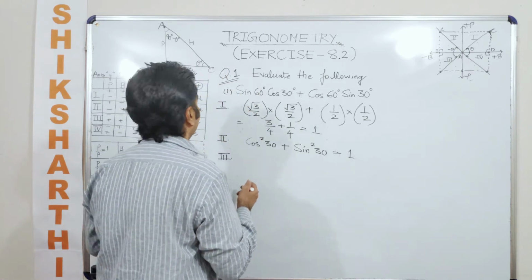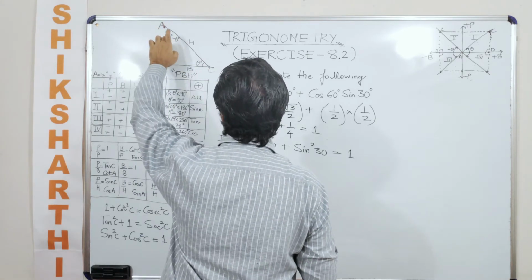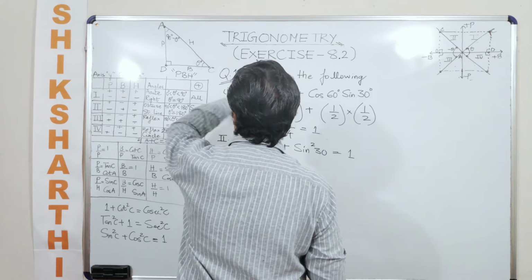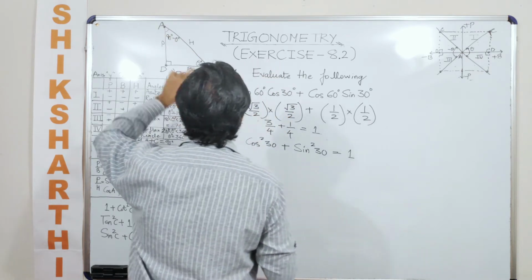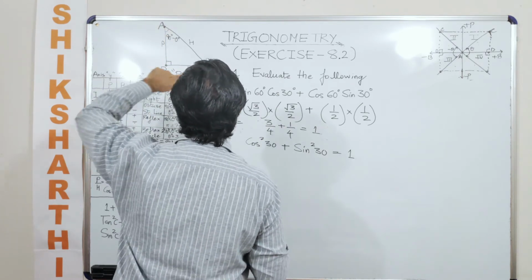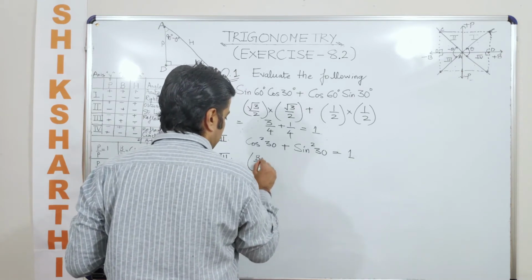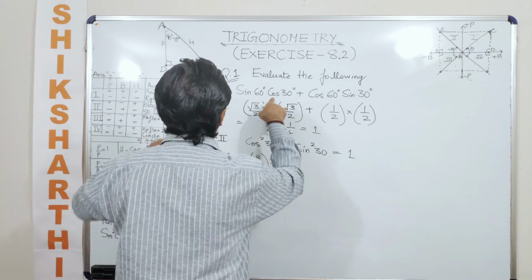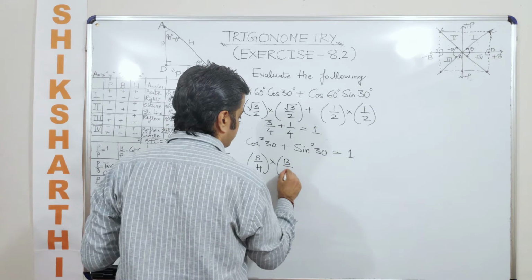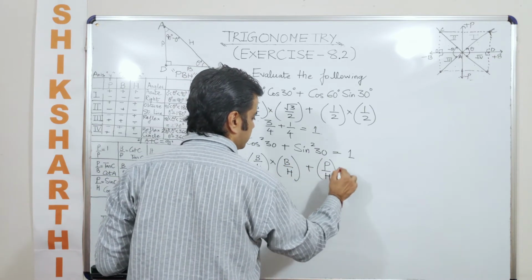So if I have taken a right angle triangle, this is just like saying sine A cos C. So we know that sine A can be written as perpendicular upon hypotenuse, into cos C, which is base upon hypotenuse. And thereafter you can substitute the remaining values as P by H into P by H.